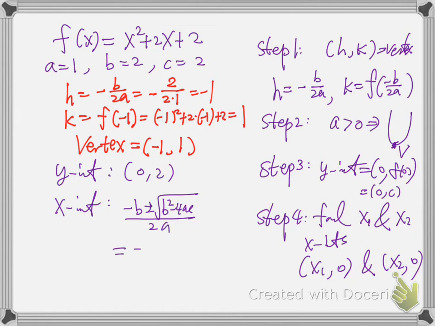So this is negative 2 plus or minus the square root of 2 squared minus 4 times 1 times 2, divided by 2 times 2.